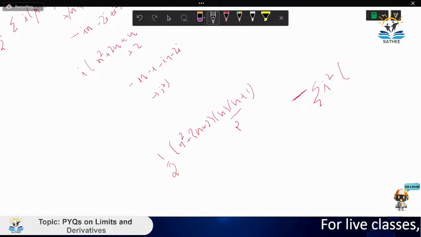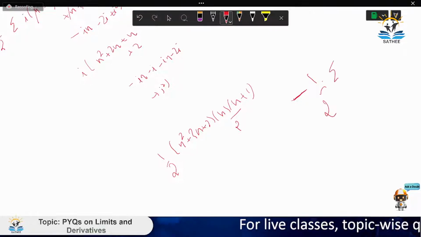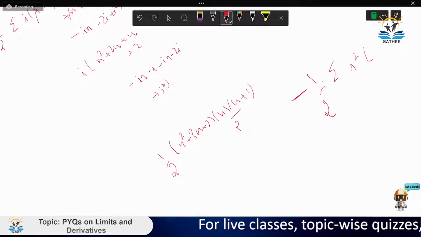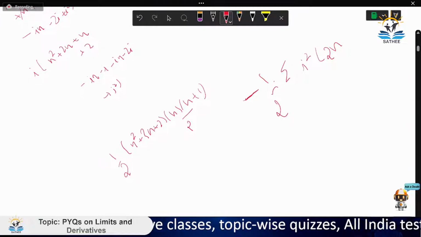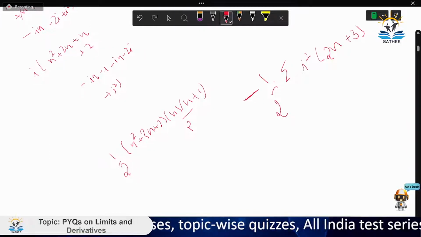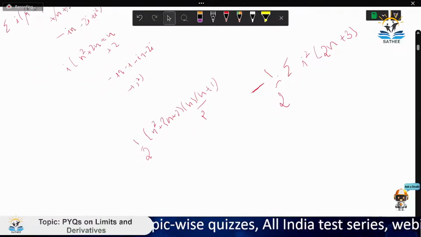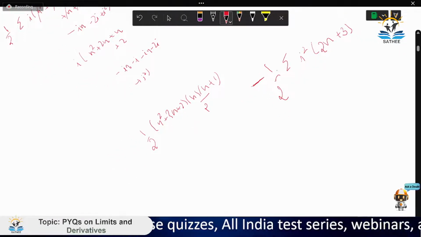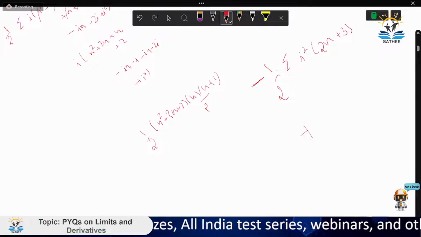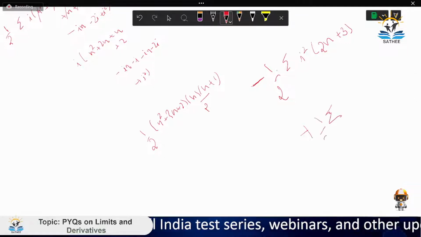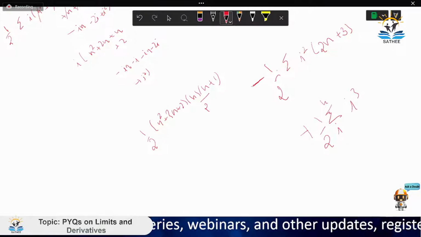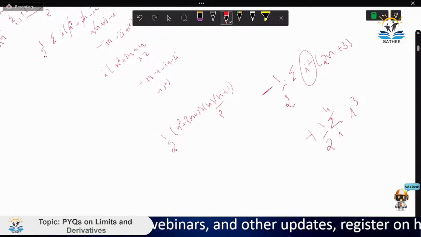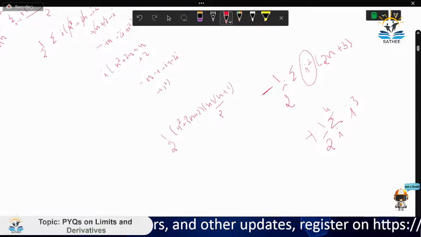Summation of i square, I've taken the negative out, so n to n plus 3, right? And then I have plus only, is it a plus? It is a plus. So plus times summation of i cube. Okay. So do we know the summation of i?